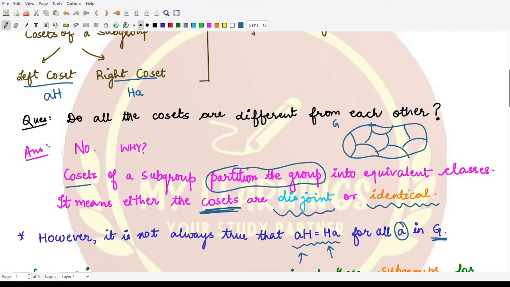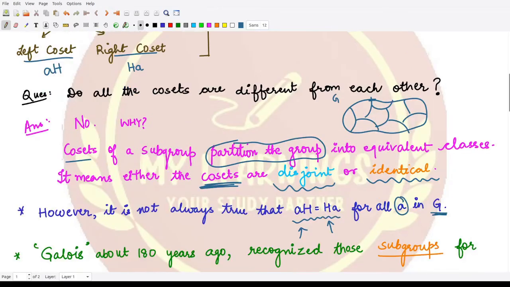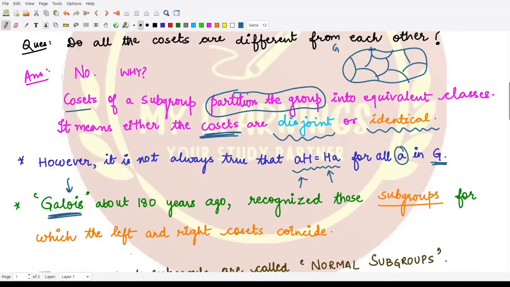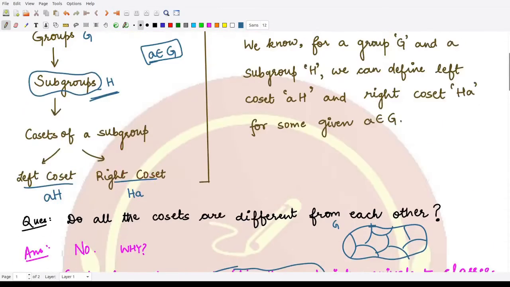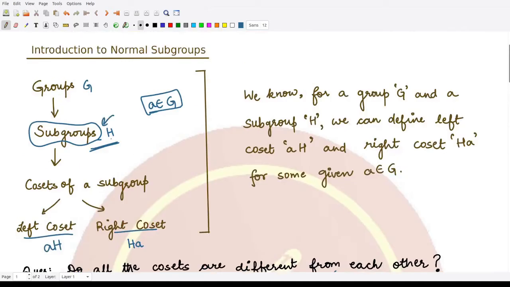So we have a mathematician named Galois. You have heard about him, right? This mathematician Galois, about 180 years back, recognized those subgroups for which the left as well as the right cosets coincide with each other. So in particular, we are taking those subgroups for which both of them are equal to each other.